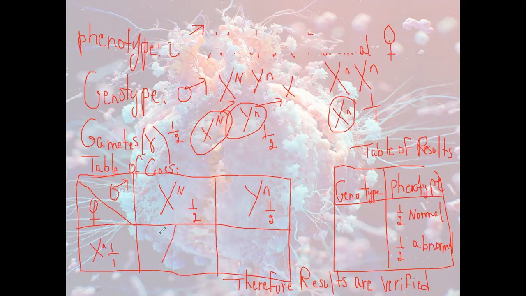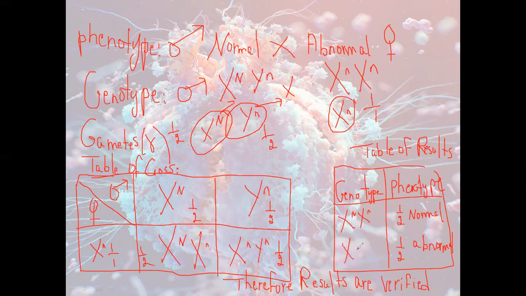So X N X N small will be 1 over 2, and X N small Y N small will be 1 over 2. X N capital X N small will be normal, 1 over 2. And X N small Y N small will be abnormal or affected.